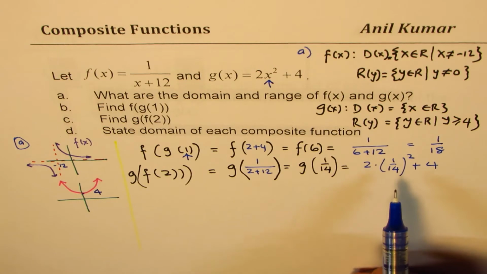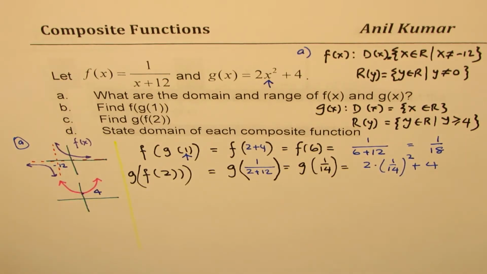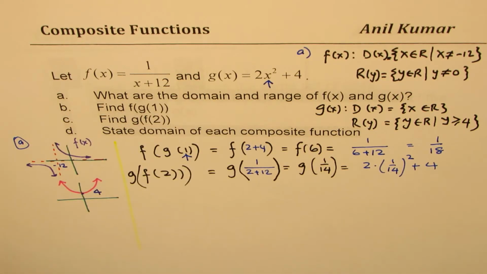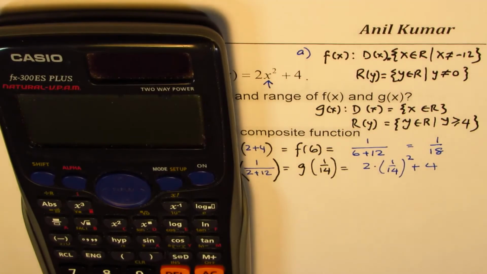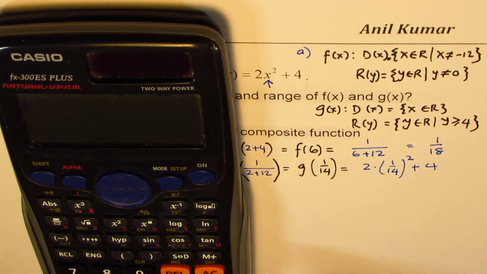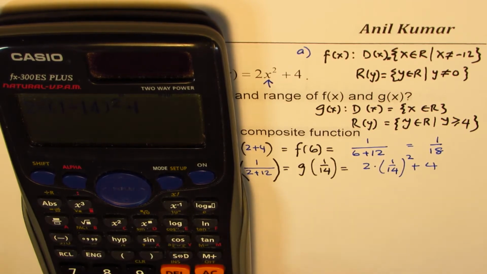Now you can always calculate this. Let me use calculator at present. Well, it's not a recommended thing to use calculator, but let's do it. So it is 2 times within brackets 1 divided by 14 whole square, and then we'll add 4.